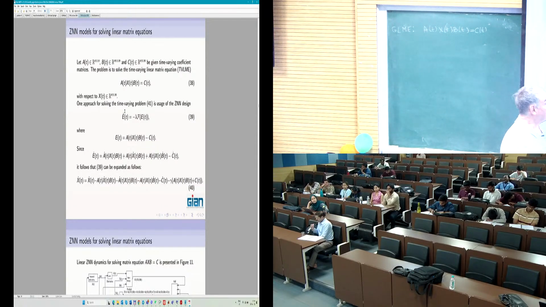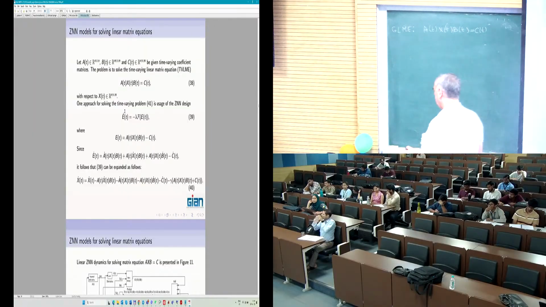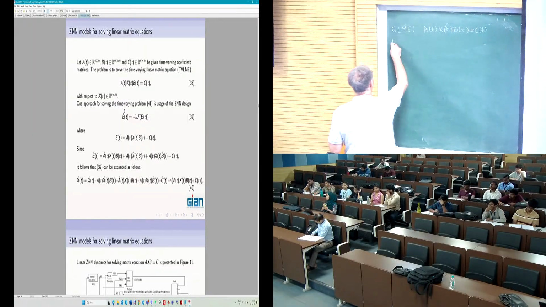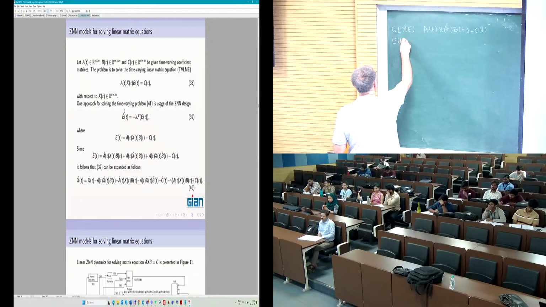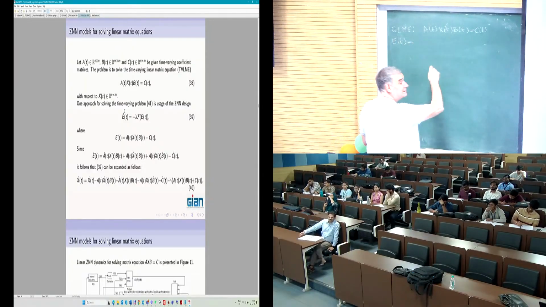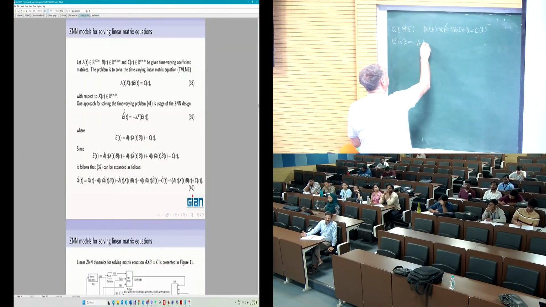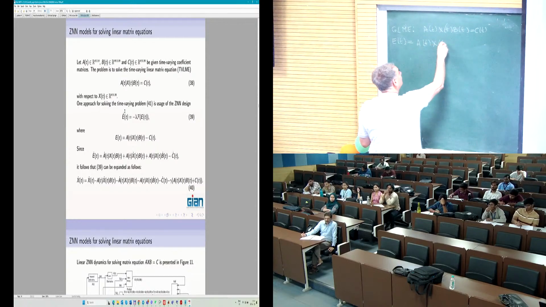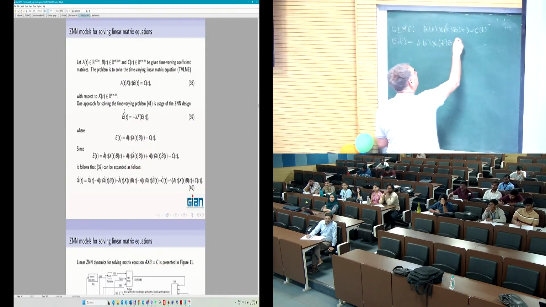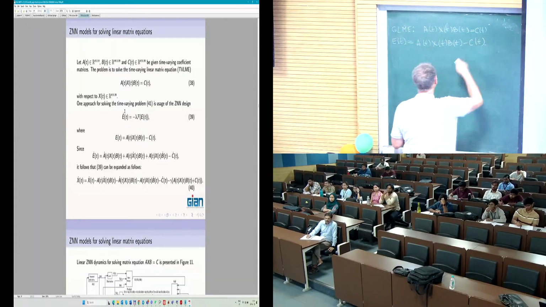Also here we assume that input matrices A, B, and C are time varying. X of t is our result. And clearly, the error function will be defined as A of t x of t B of t minus C of t.